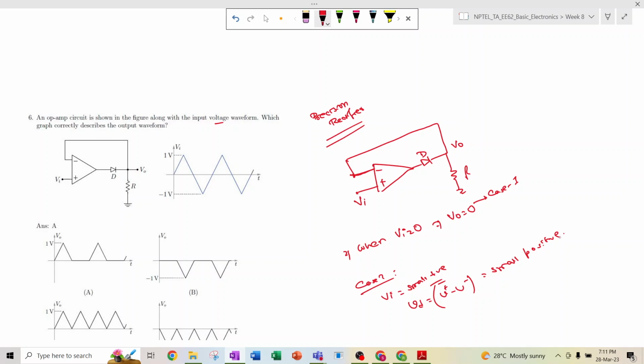The output Vo is AOL times VID if it is not connected in the feedback path, so this small positive voltage is enlarged in the output, and it will be a large positive.